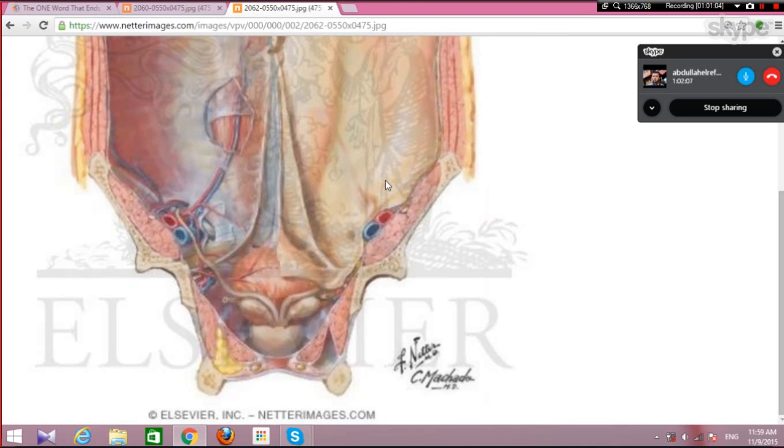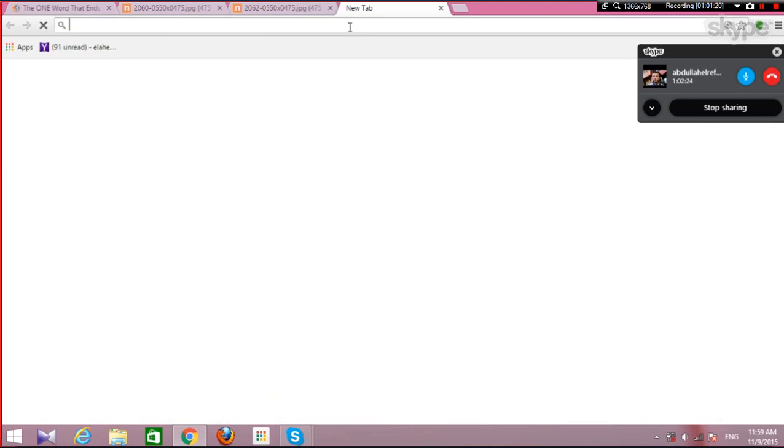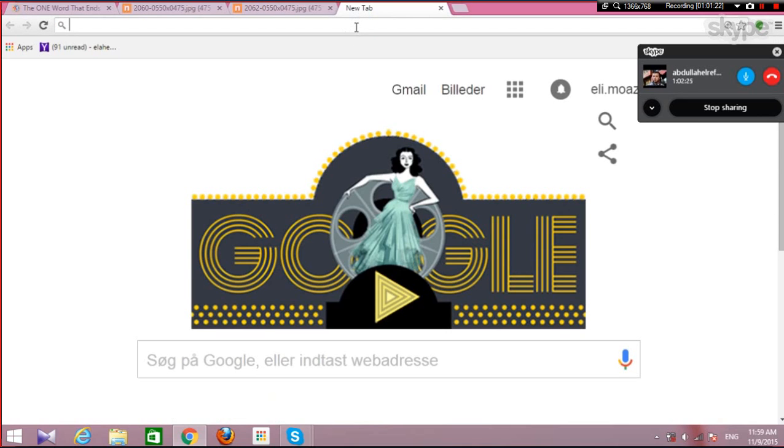It represents the deep inguinal ring. So somewhere here we have the deep ring, and somewhere here we have the inner aspect of the superficial ring. Let's see what they are. Let me find a picture in your book.